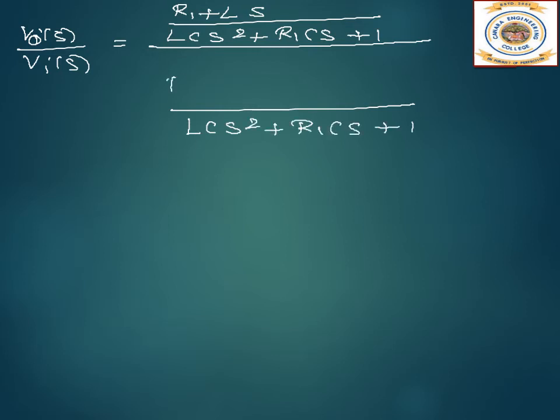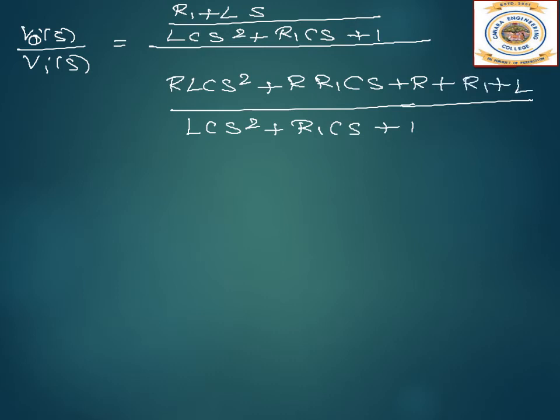So R into LCs square plus R1 Cs plus R, and plus R1 plus Ls. This denominator can cancel out.